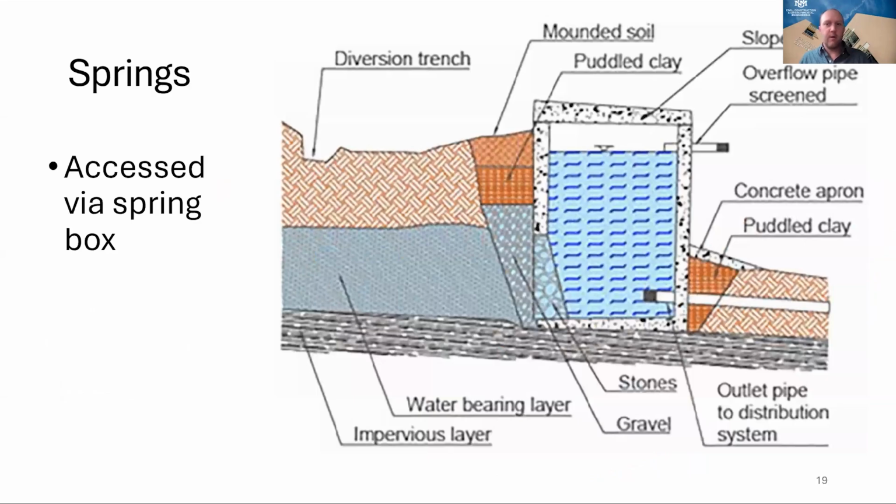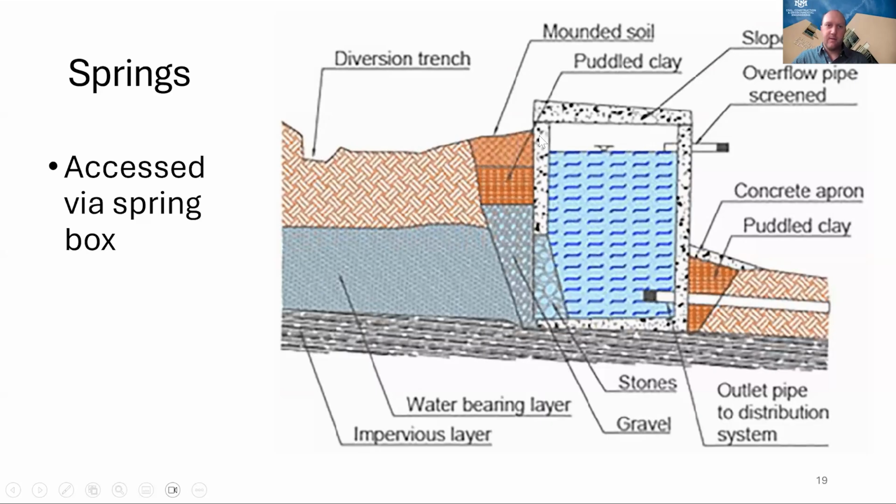Okay, so first I'm going to go over the structures for how to utilize springs to get that groundwater. This is a diagram of a spring box, is what these are called. Over here on our left, in this gray layer right here, is our water-bearing layer. This is our aquifer, and it is flowing from left to right.